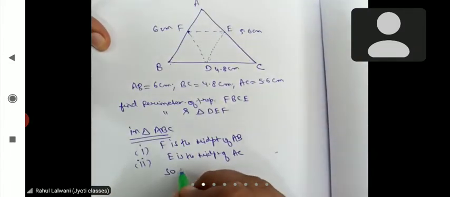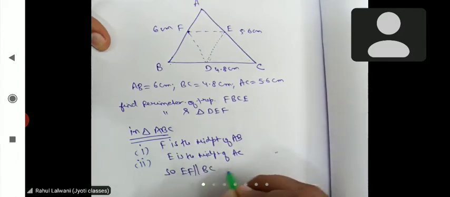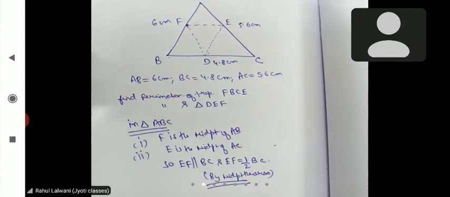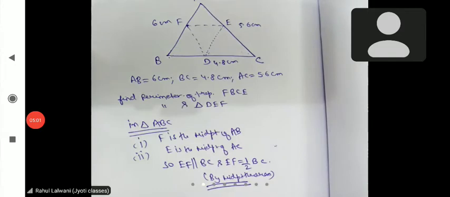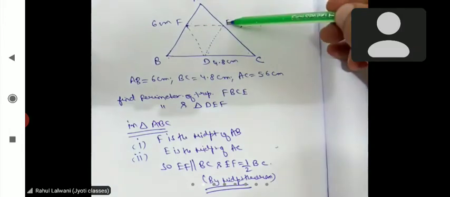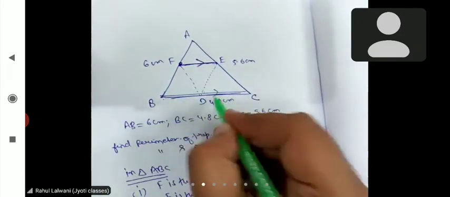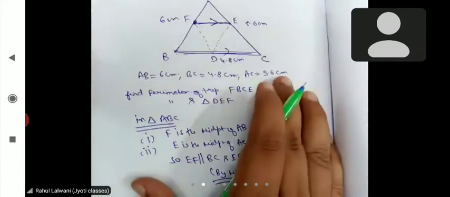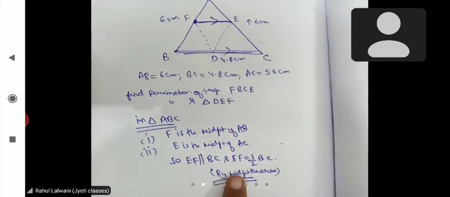So EF is parallel to BC and EF is equal to half of BC by the midpoint theorem. Understood? Here it is said that F is the midpoint of AB and E is the midpoint of AC, so this line EF will be parallel to BC and equal to half of BC by the midpoint theorem.